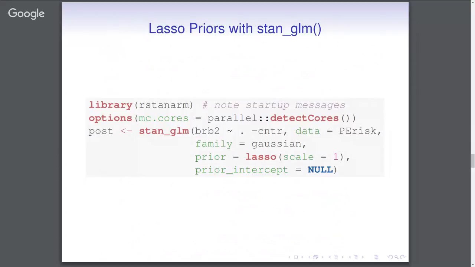So the whole point of the rstanarm package is to take popular R functions that produce frequentist estimates. You can use the same syntax, add information about the priors among the supported priors for that function, stick a stan underscore, and pretty quickly you're going to get draws from the posterior distribution.